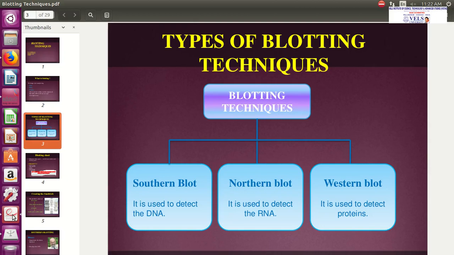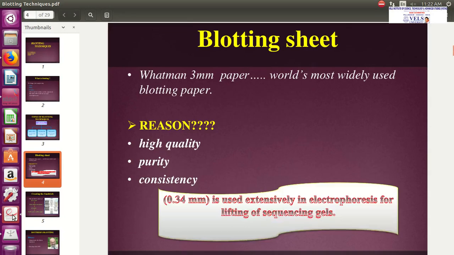Southern blotting is used to detect DNA, northern blotting is used to detect RNA, and western blotting is used to detect proteins. For blotting, the commonly used paper is Whatman filter paper, 3 mm thick, and it is widely used because of its high quality, purity and consistency.